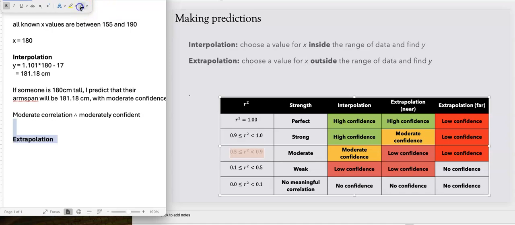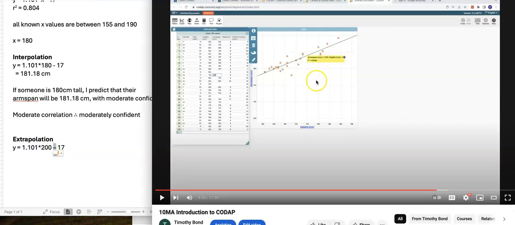Let's do another option here. We're now going to try an extrapolation, and the process is exactly the same, but I'm going to choose a different value for X. I'm going to choose a value of 200. If I look at my data, 200 is beyond my highest value of 190. I can't even see it in this set of axes, but I don't have any data up there. I don't know what it's going to do. So I can do the mathematics of it, right?